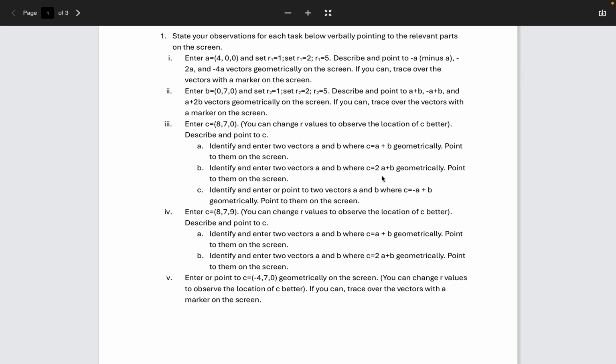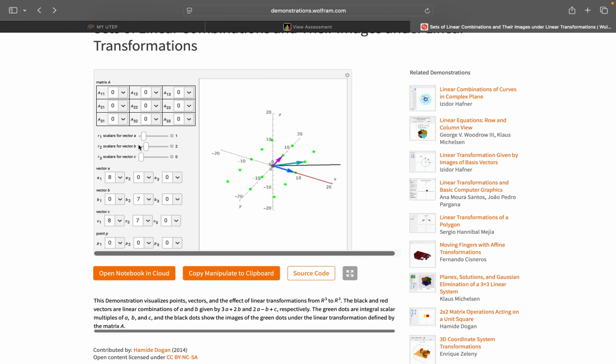So 2A plus B, this would mean the, sorry. So multiplying the scalar by 2 for A plus B would mean that it would go 1, 2, and then plus B, which would be 16 and 7. So our C vector would end up right here.